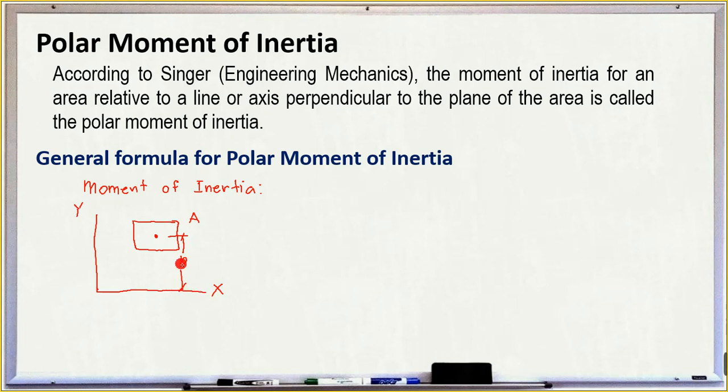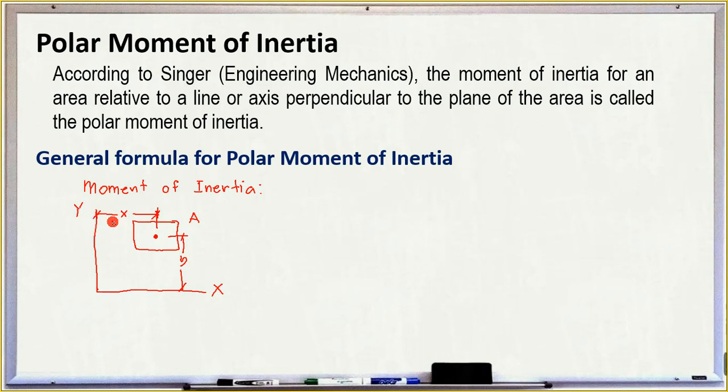Be mindful that this distance should be from the centroid. Nag-discuss sa matag centroid mo na ang kinatung-an or kung asa nag-concentrate ang area or ang mass object. So starting from the centroid up to the axis. And not only that, this object also has a distance from its centroid towards the other axis, and that axis is the y-axis.